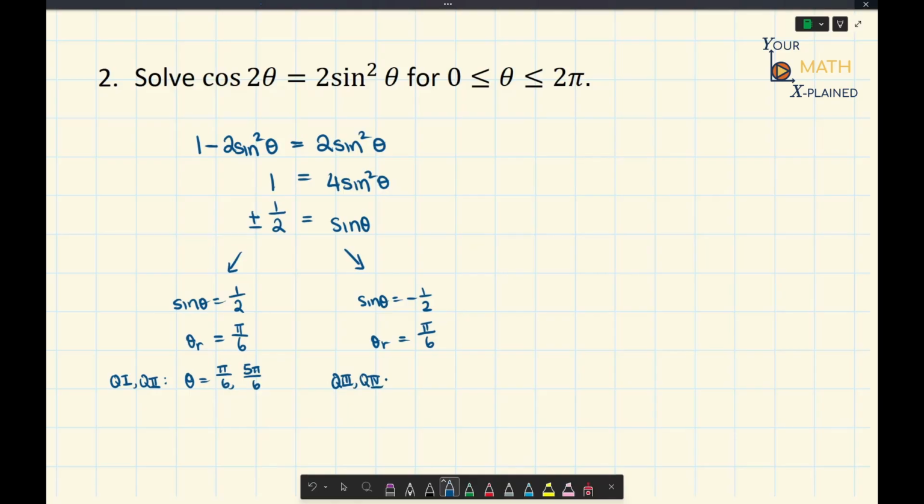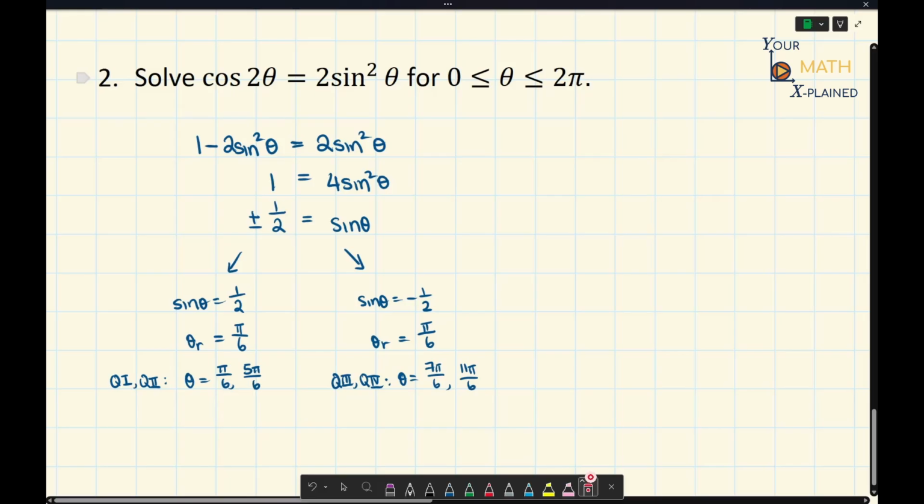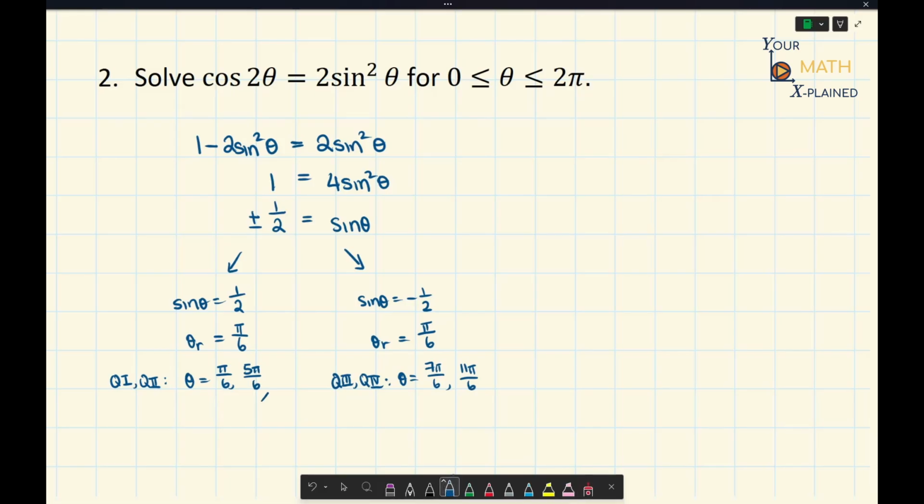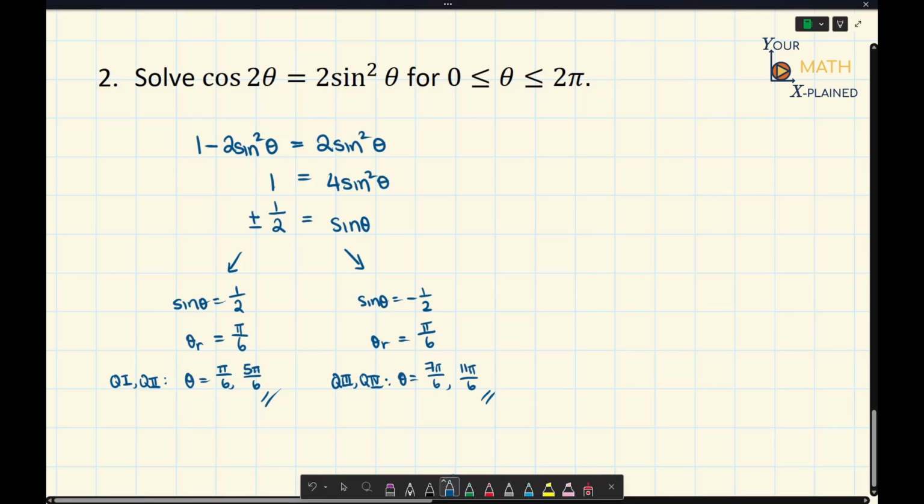So that means we're going to get theta is equal to 7 pi over 6 or 11 pi over 6. And since our domain here is 0 to 2 pi, that means it's only within one full rotation. So therefore, we would have these 4 solutions to this problem here.